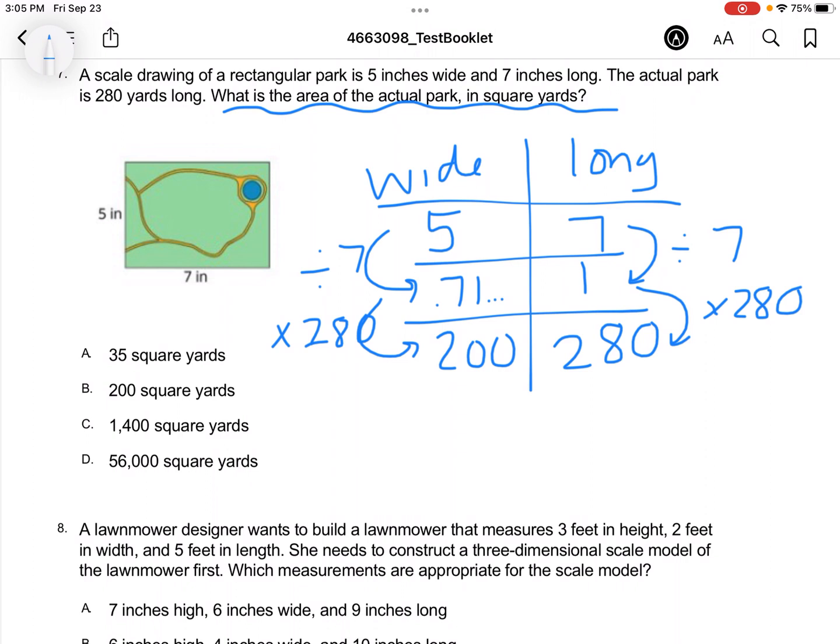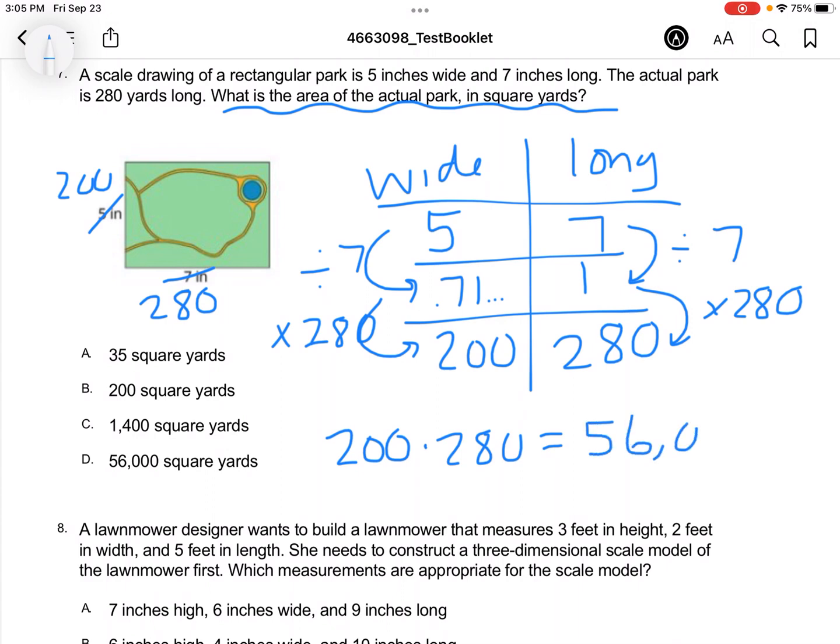So that means the width is going to be 200, and the length is 280. So now I can multiply the length and the width to figure out the area. And I get 56,000 yards, which was D.